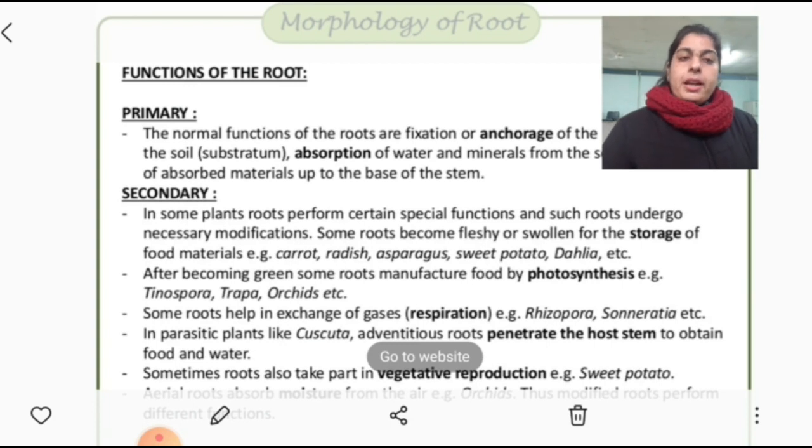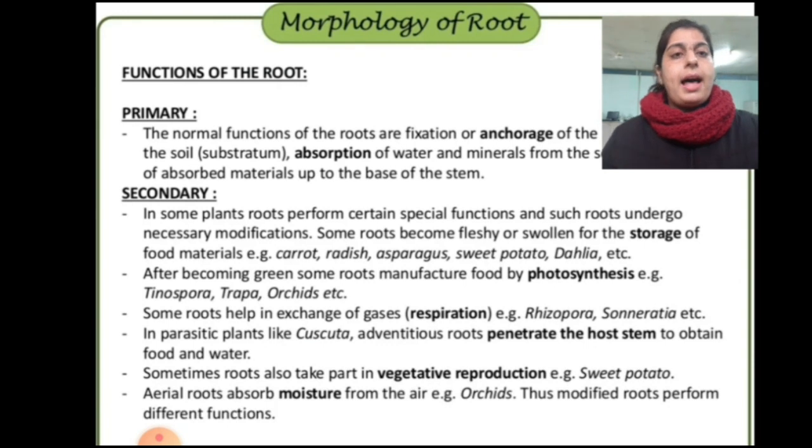And there are so many functions of the roots. Some roots are parasitic in nature, like the roots of Cuscuta. It just combines with other parts of the plant because it acts as a parasite, and both plants take advantage of each other. Some roots are vegetative in nature, like sweet potato.